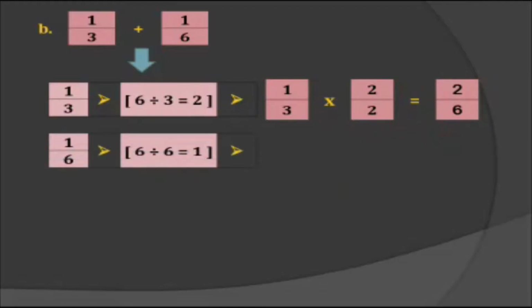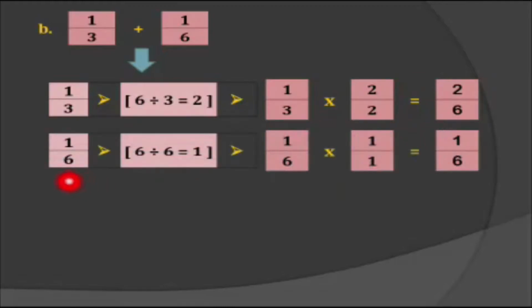In the next step we have 1 by 6. Here 6 is the denominator and the LCM is also 6. So 6 divided by 6 is equal to 1. Now we multiply 1 by 6 by 1 by 1, which is 1 1s are 1 and 6 1s are 6.